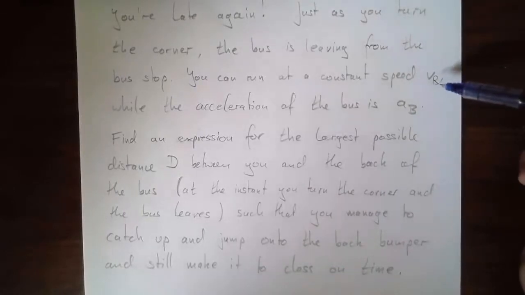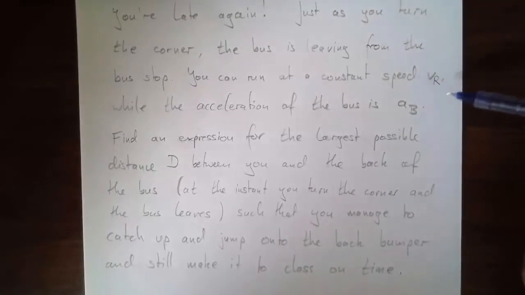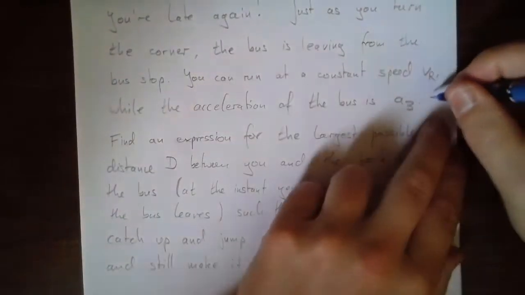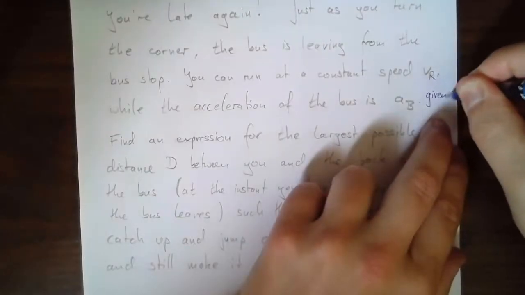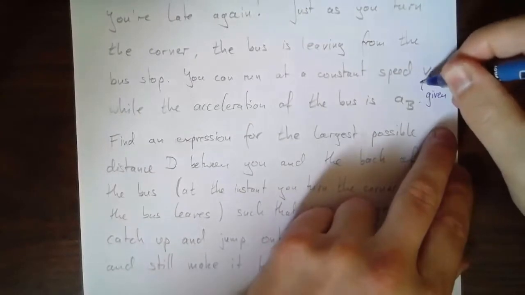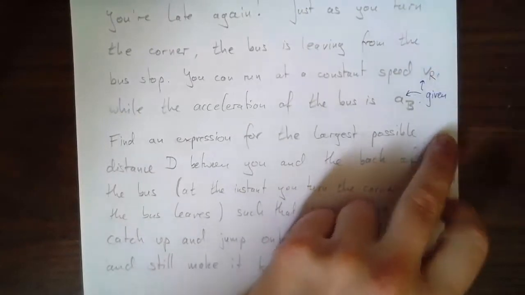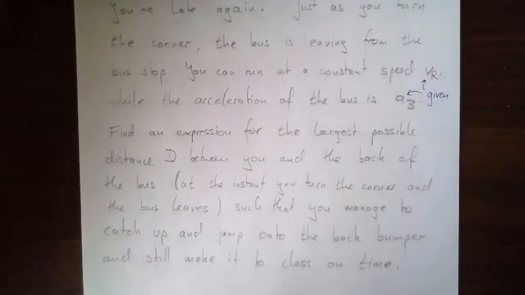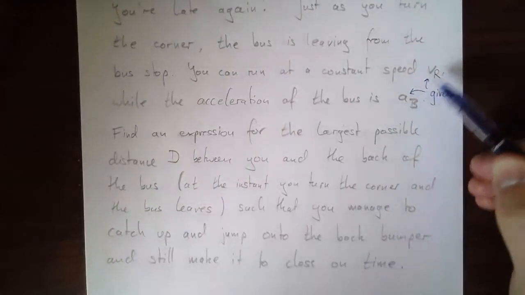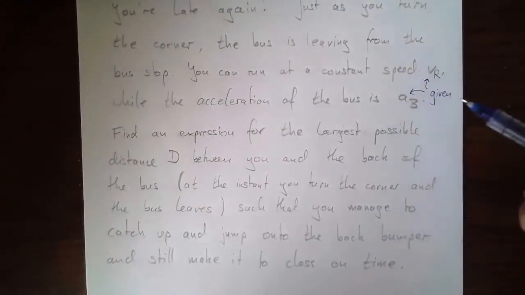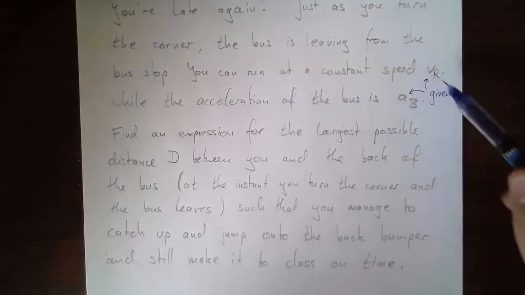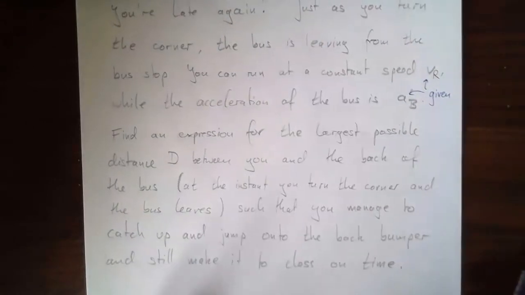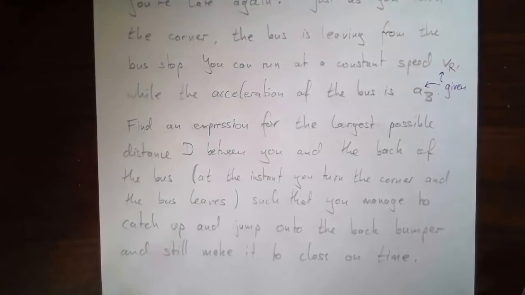It's just calling it v_r, but this is essentially a given, even if we don't have actual values for it. The idea is we express our final answer in terms of those, and then if somebody came along and gave us real values, we could just plug them in and right away have the problem solved.